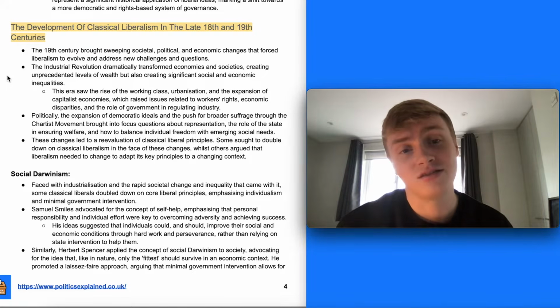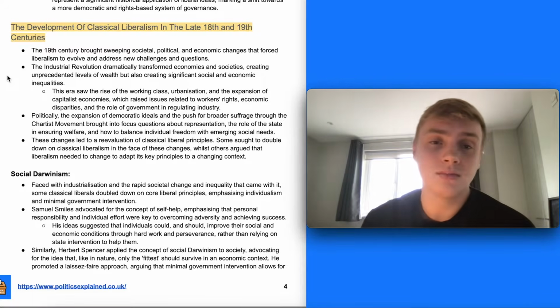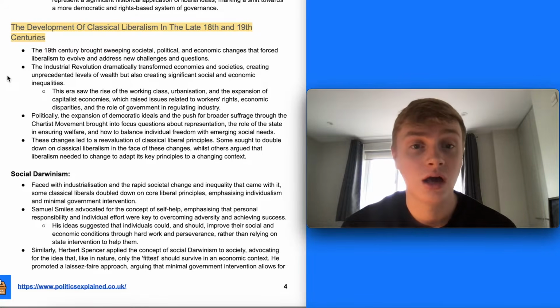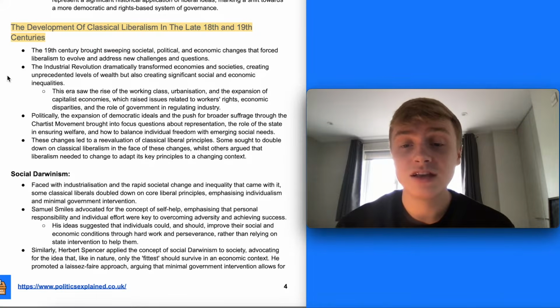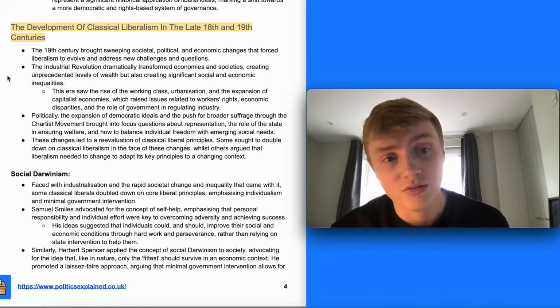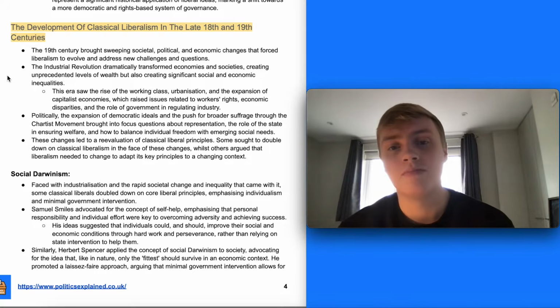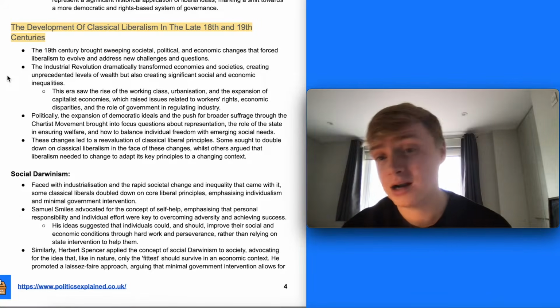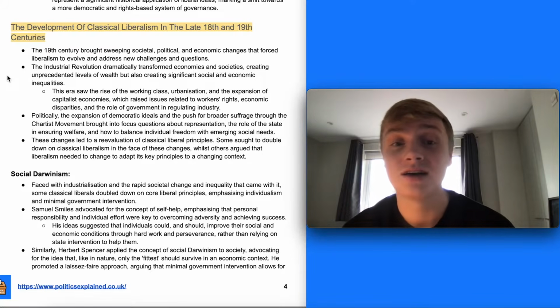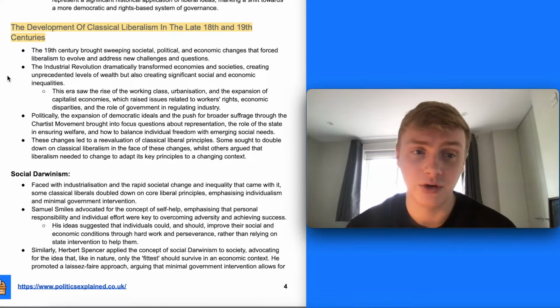And it's no surprise that in this period you see socialism growing in support among certain sections of the working class. And also in this period you have the expansion of democratic ideals with the Chartist movement in Britain, which really brings into focus the role of the state in protecting everyone, ensuring welfare, and the extent to which it is really based on the consent of the governed when the vast majority don't have the vote.